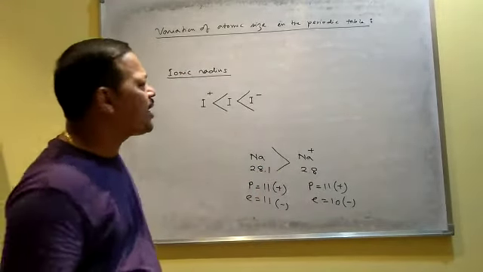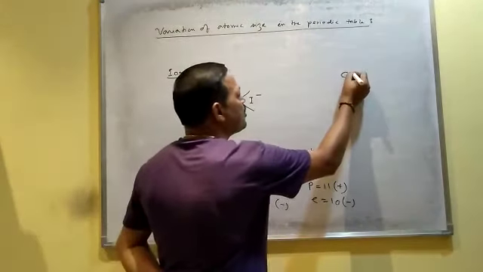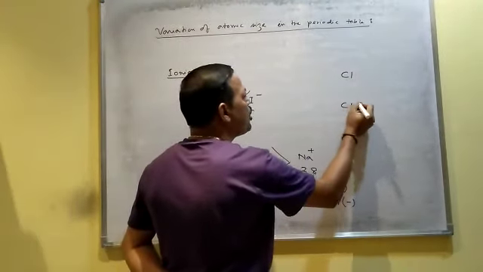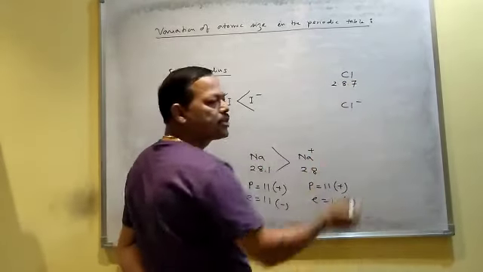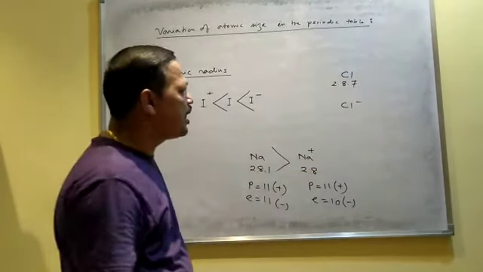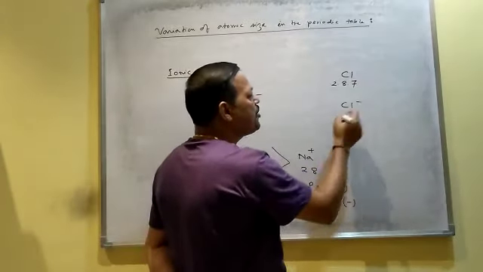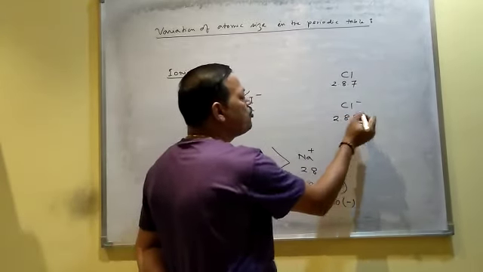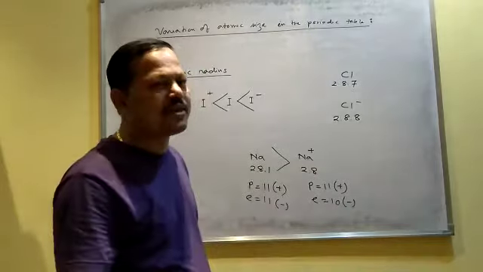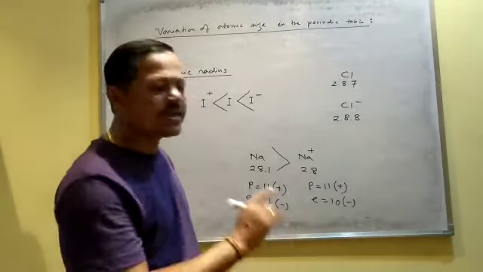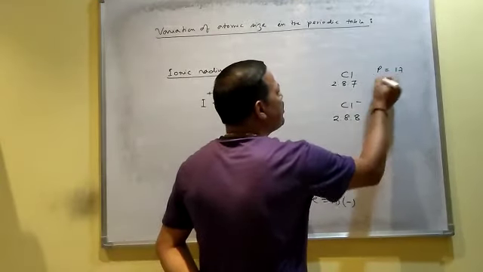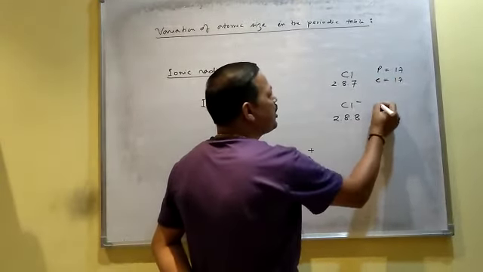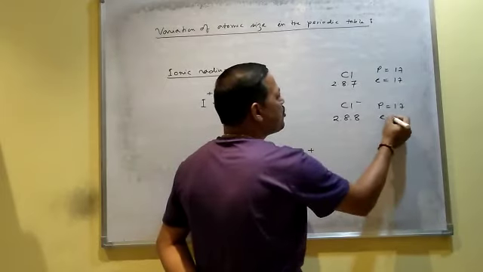Now for the anion, if you consider chlorine and chlorine minus, chlorine atomic number 17, configuration 2, 8, 7, how many shells? 3 shells. Cl minus means it gains 1 electron, configuration will be 2, 8, 8. It also contains 3 shells, but their sizes are not the same, although the shell number is the same, because here proton 17, electron 17, here proton 17, electron 18.